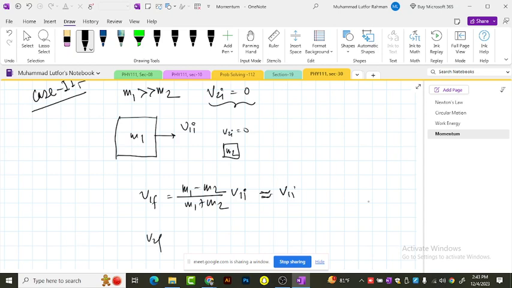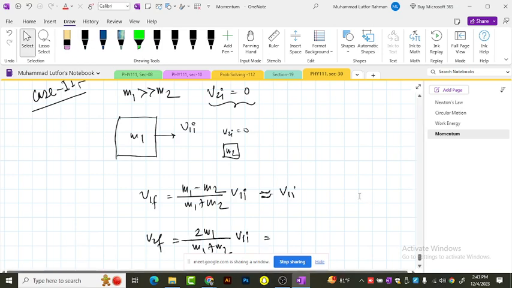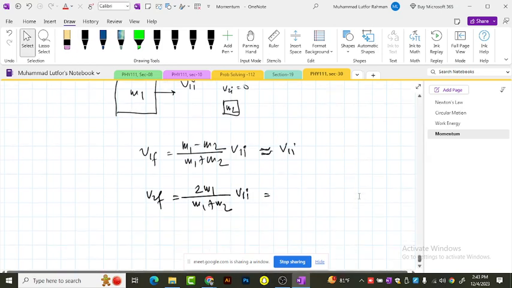Now what about V2F? It is going to be 2M1 divided by (M1 plus M2) times V1I.